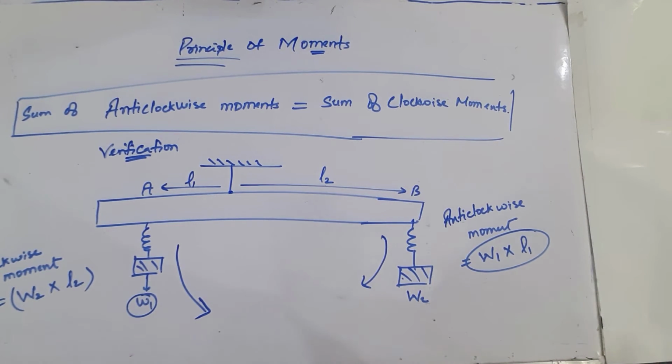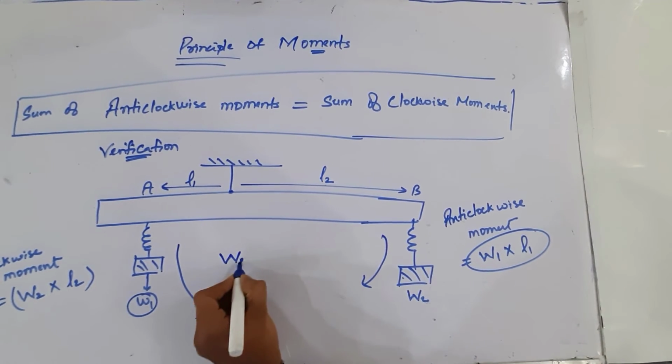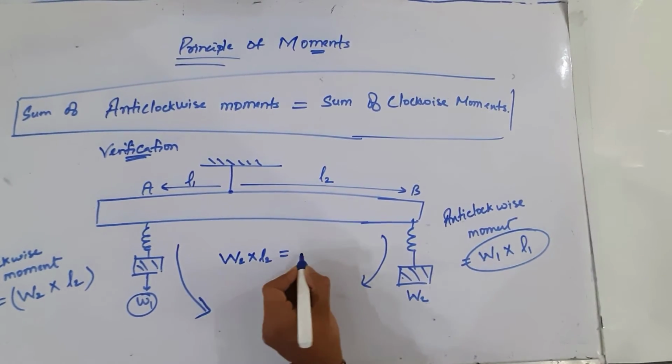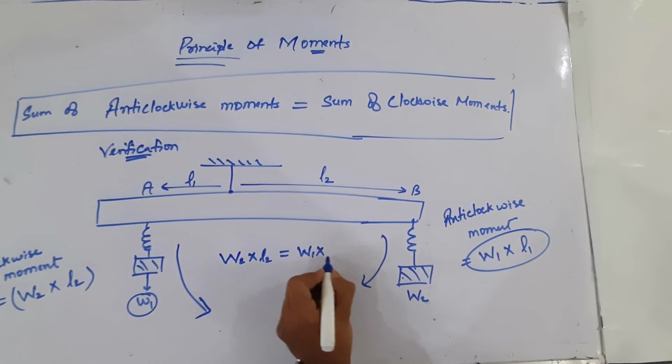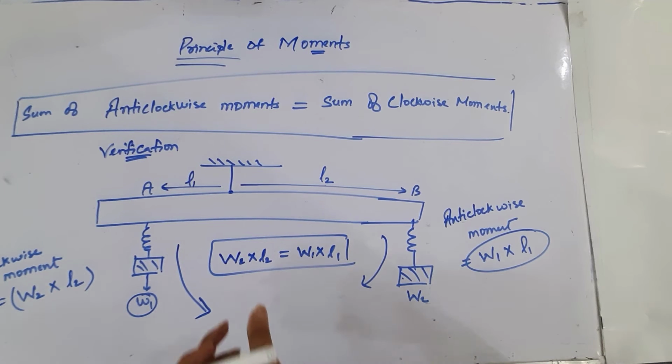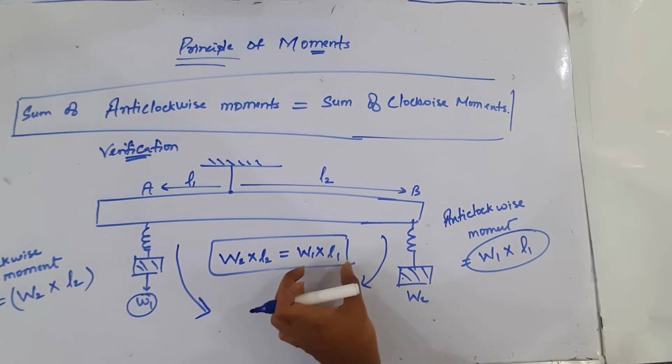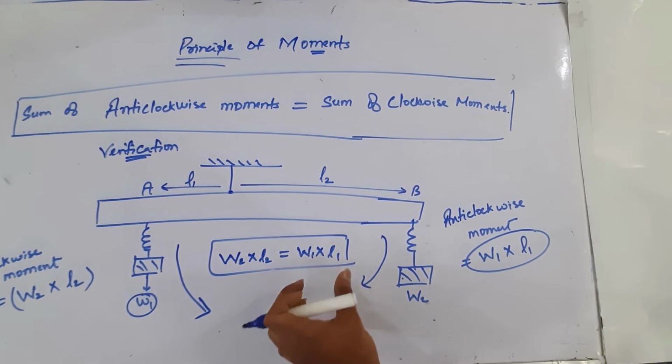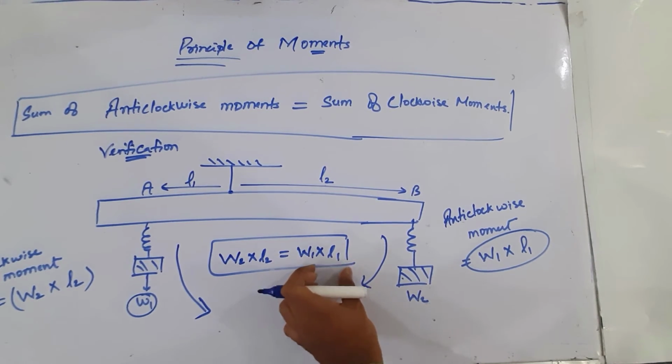So from here we can conclude that in equilibrium position W2 multiplied by L2 should be the same as W1 multiplied by L1. So this is the condition, that is, clockwise moment should be the same as the anti-clockwise moment, and this verifies the principle of moment.